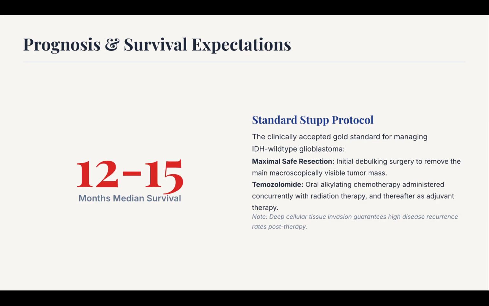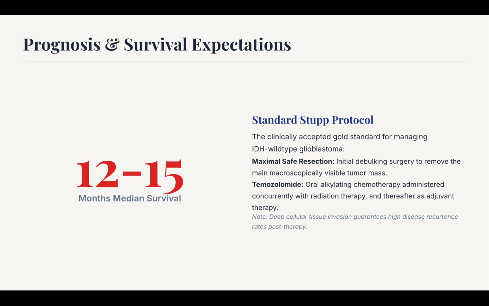Localization dependent impairments such as progressive hemiparesis, localized sensory loss, sensory aphasia, or cognitive decline occur over weeks. Next, let's see about its prognosis and survival expectations. 12 to 15 months of median survival. What does it mean? Patients with glioblastoma usually survive for 12 to 15 months. According to the standard Stupp protocol, the clinically accepted gold standard for managing IDH wild type glioblastoma is maximal safe resection and temozolomide chemotherapeutic agent.